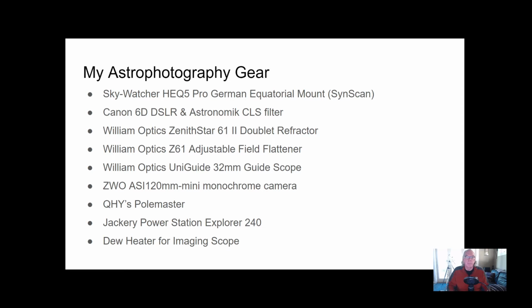And then my portable power right now is a Jackery Power Station Explorer 240, and I have a dew heater for my main telescope, but not one yet for my guide scope. So I just want to kind of set the foundation. So when I'm looking at an automation software, these are the components that in part I want that automation software to handle, and in some cases control.